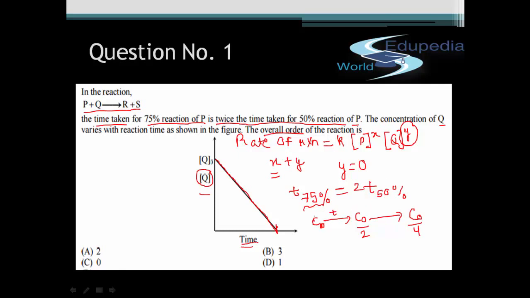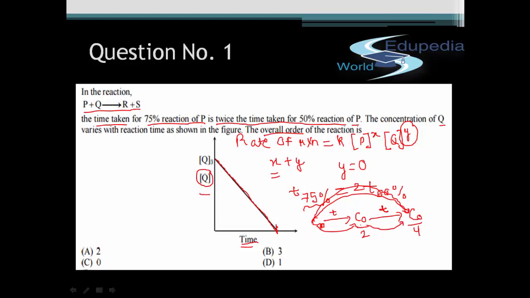So the time from here to here is 2t. If from here to here it is t, this will again be t. So if you now analyze the data, we see that in equal time intervals, this is a time interval of t and this again is a time interval of t, the concentration is decreasing in a GP, that is a geometric progression.